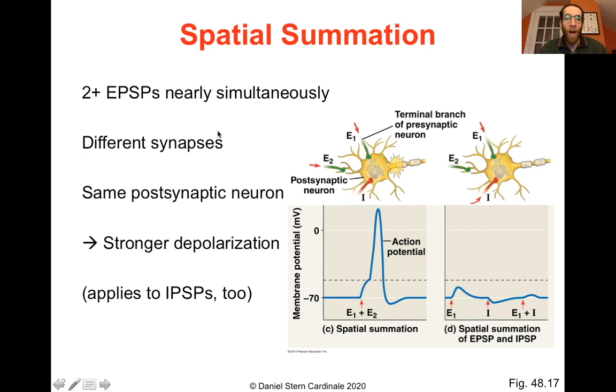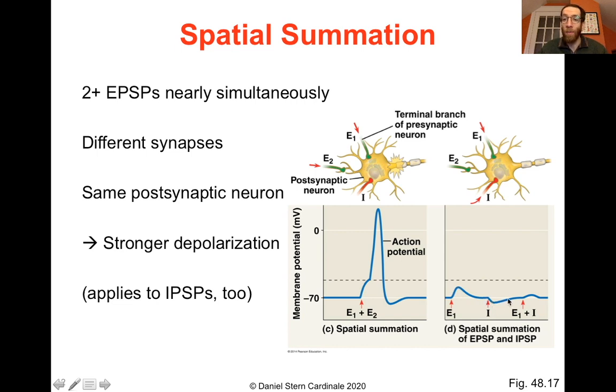You can also have spatial summation involving IPSPs, either two or more IPSPs or a mix of excitatory and inhibitory signals. So in this figure on the right here, you can see we have an excitatory signal and we have an inhibitory signal. And then together, we can see how their combined effect is a weaker depolarization, because the magnitude of the original depolarization was greater than the magnitude of the hyperpolarization.